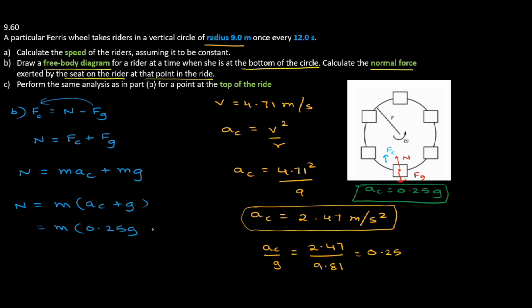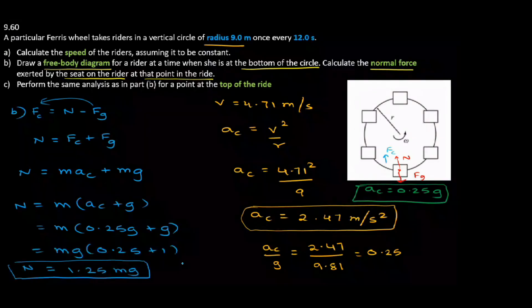And when you solve this, you get your normal force N to be equivalent to 1.25 mg. So this is my normal force at the bottom of the Ferris wheel, or at the bottom of the ride. And if they give you the value of mass, you can calculate by substituting for m.